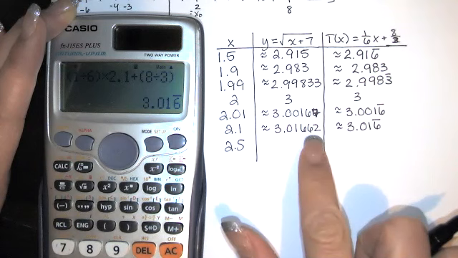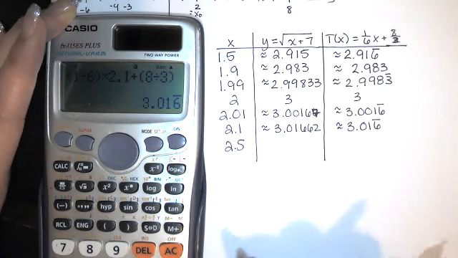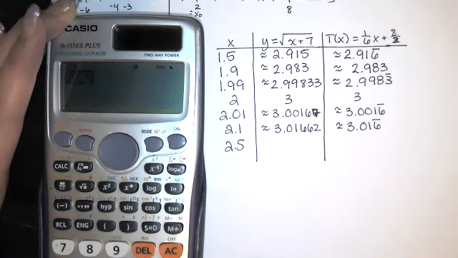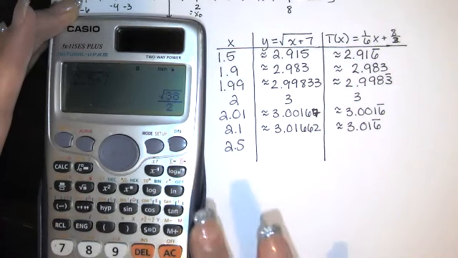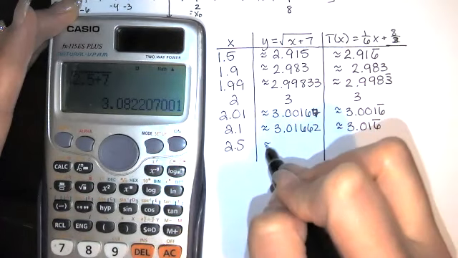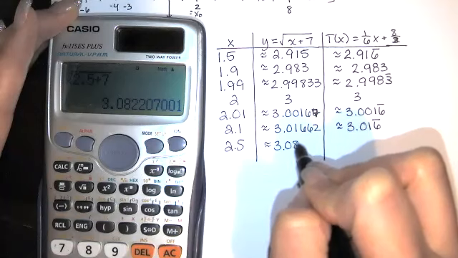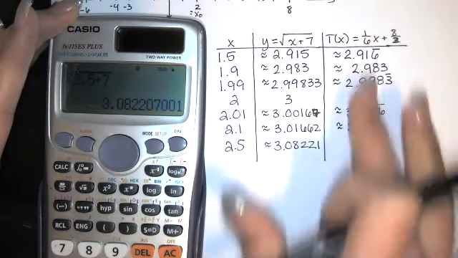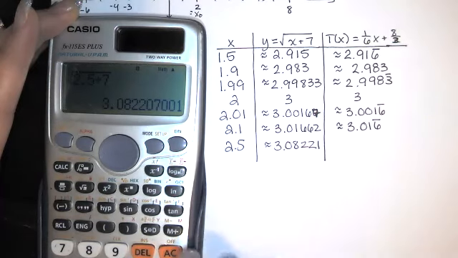Very similar out to the 5th decimal place. That's where they differ. And then at 2.5, that's pretty far away from 2. It's half of a unit from 2. I expect a larger discrepancy between the tangent line and our original function. So here's our original function value.